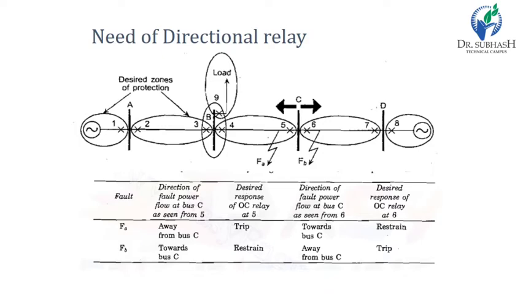In both cases, I again repeat: if the direction of fault power flow is away from the bus, the relay will trip, and if the direction of fault power is towards the bus, the relay will restrain, so it will not trip.